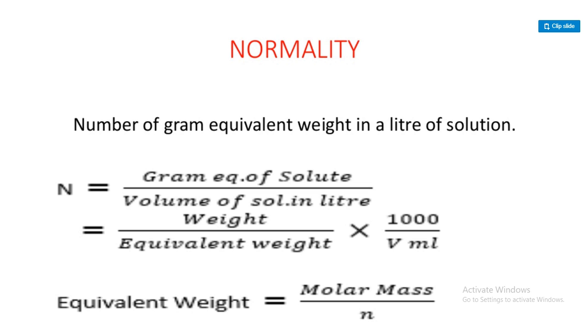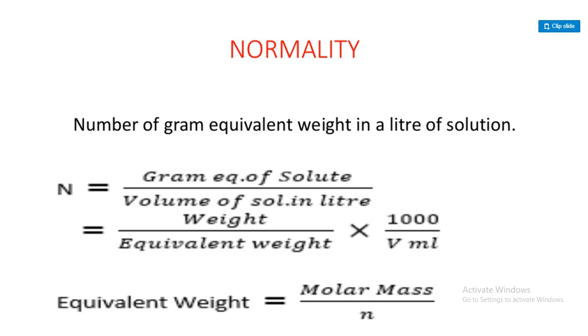The molar mass of sodium is 23, and N means how many electrons it can donate or accept. As we know, sodium can donate only one electron, so N will be 1. So the equivalent weight of sodium will be 23.